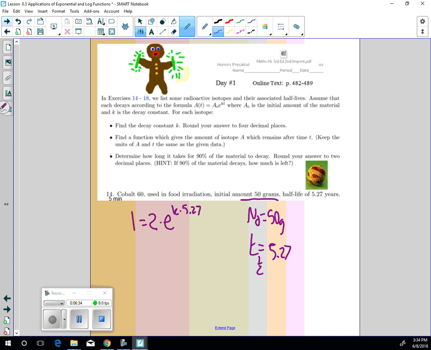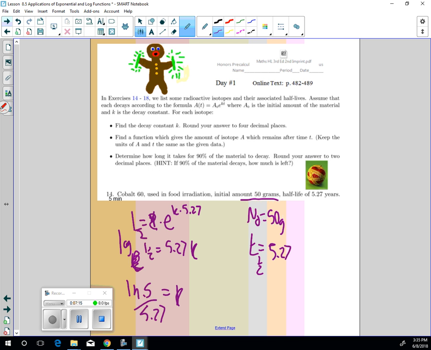So you can solve for k, log base e of 1/2 equals 5.27k. So whatever the natural log of 0.5 is over 5.27, that's going to be your k. And then you're going to use that in the formula.